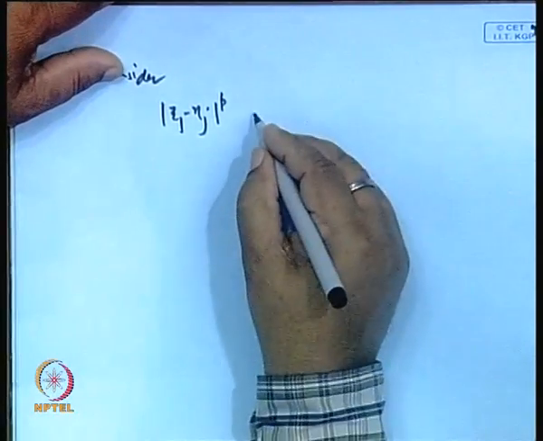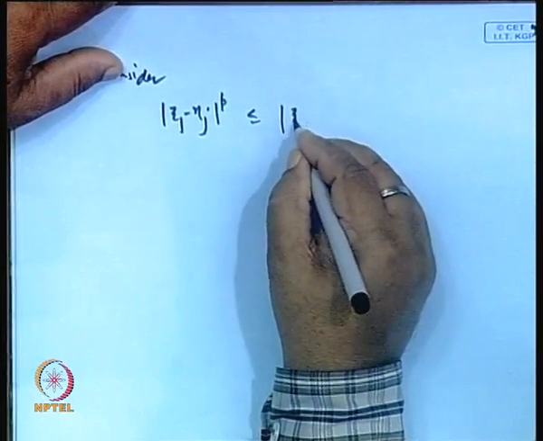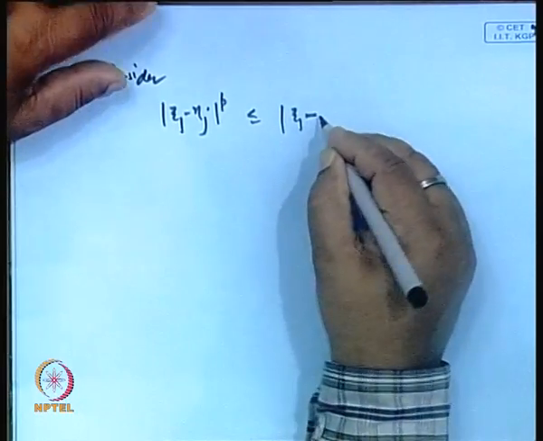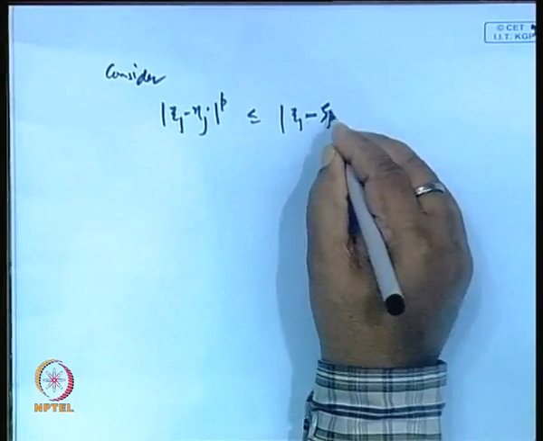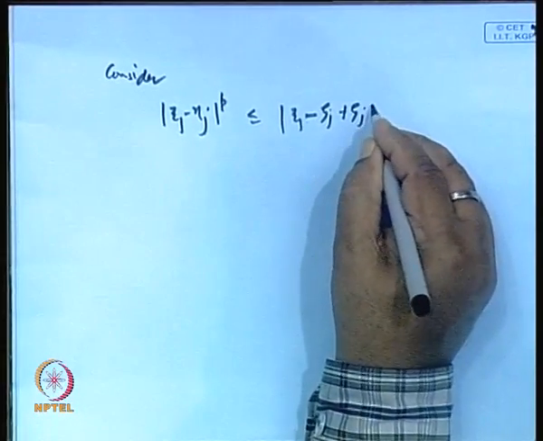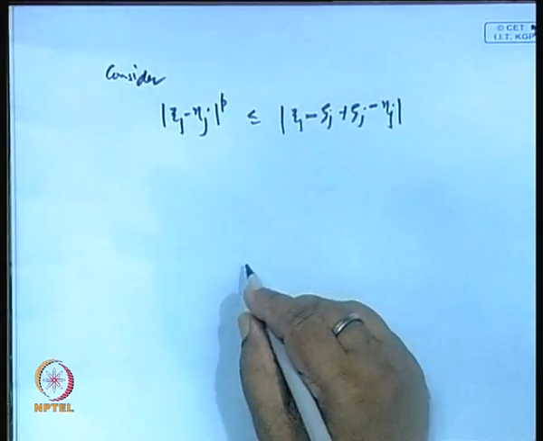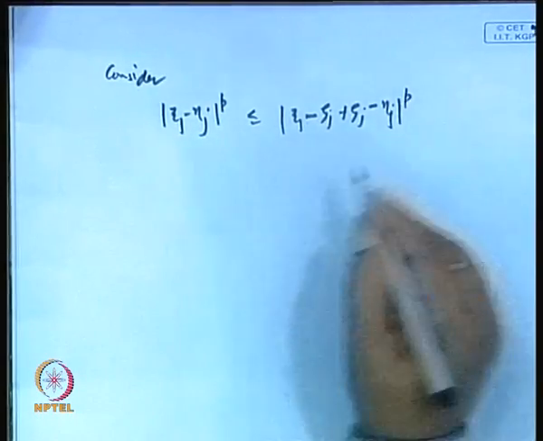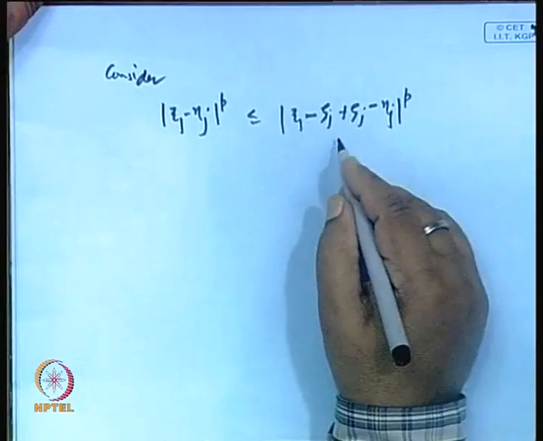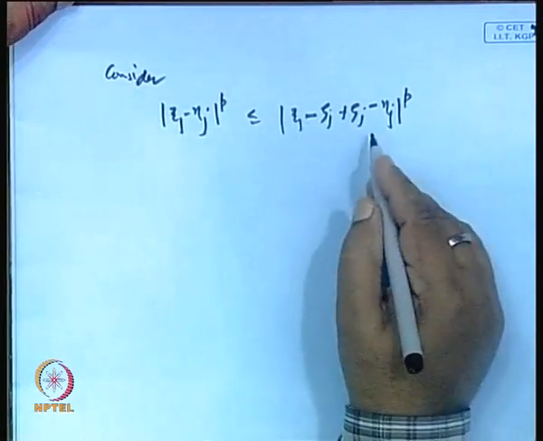Then this is less than or equal to mod xi j minus say zeta j plus zeta j minus eta j, then power p, p is greater than 1.